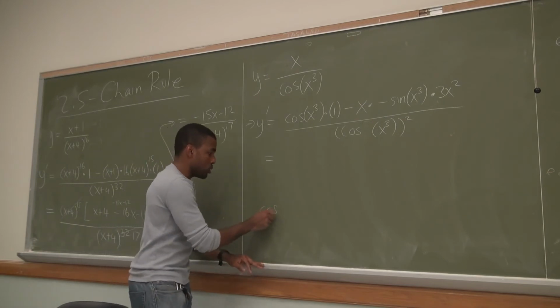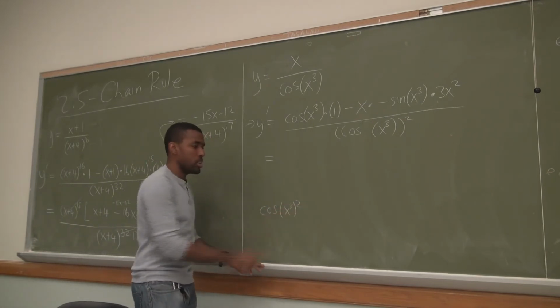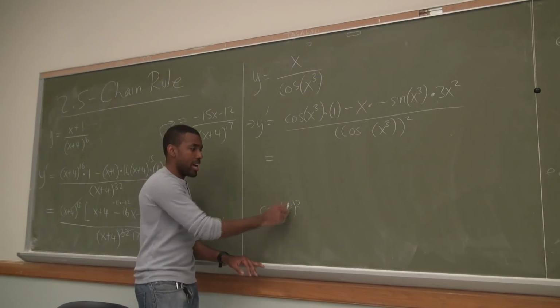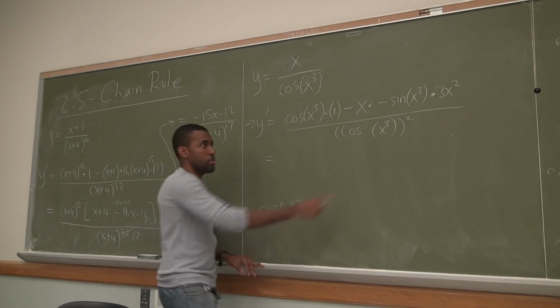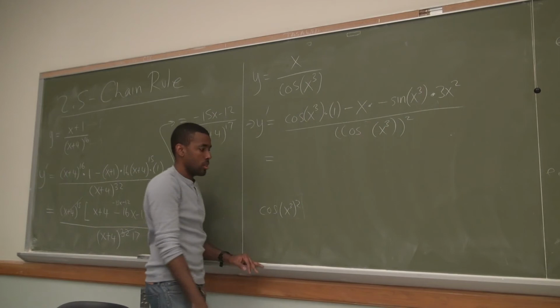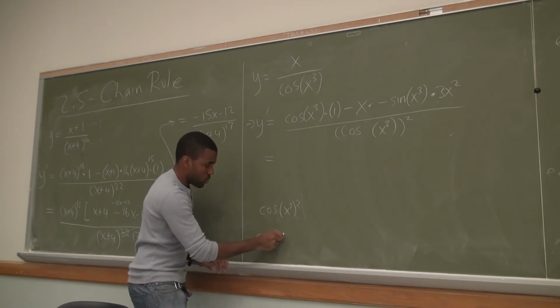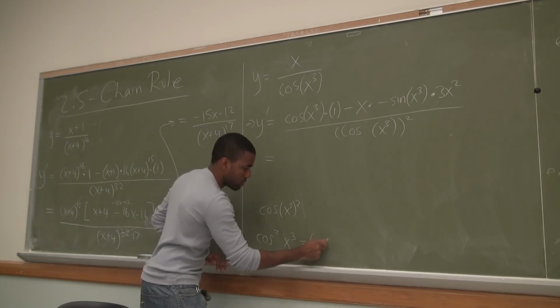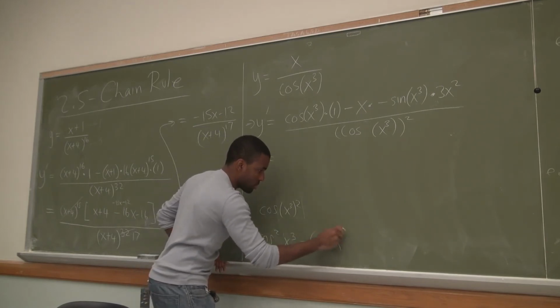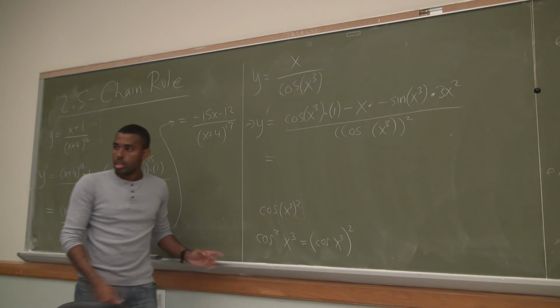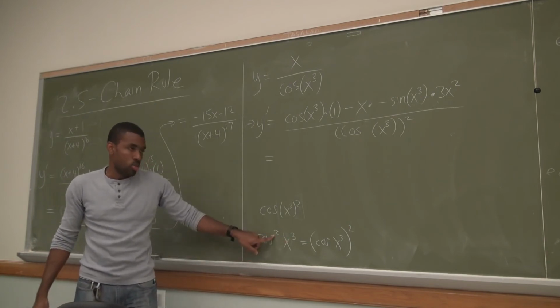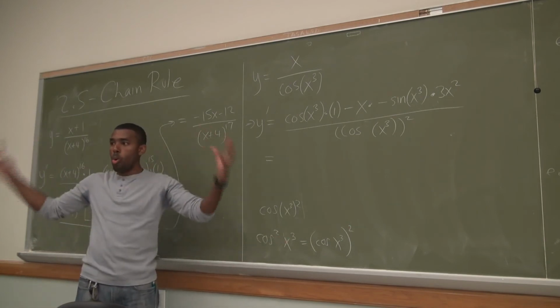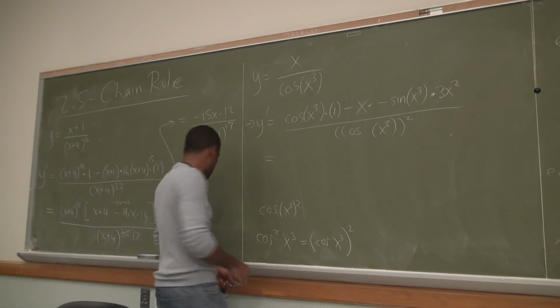If you see something like cosine of x cubed squared, that's telling you that the angle is squared, right? So you have to be very careful to put the brackets here. But if you see something like cosine squared x cubed, that means the square is applied to everything. It's a notation thing. Once you put the square right after the cosine, it's telling you the whole thing is squared.